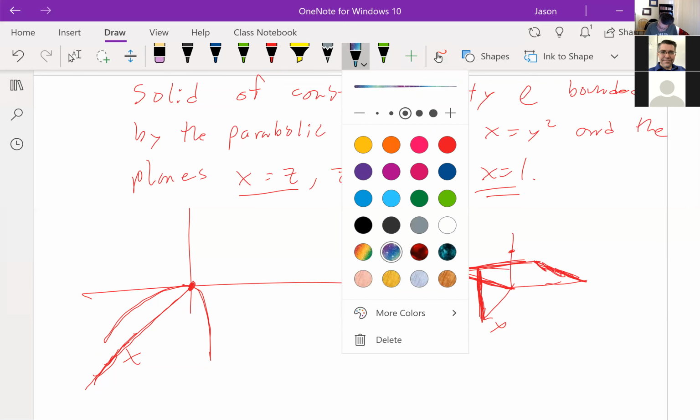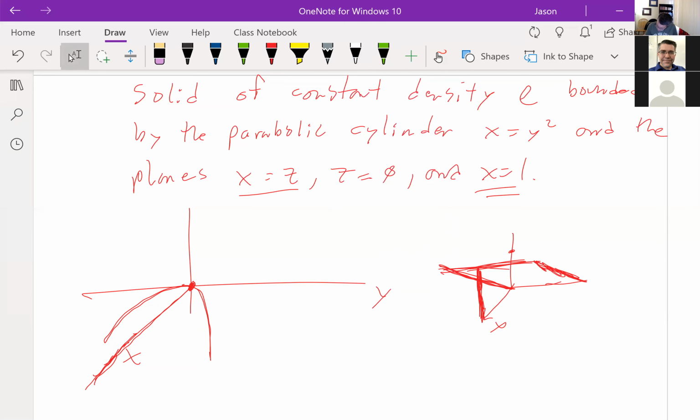Let's make this one white. So we've got this here, and then at 1, when z is 1, x is also 1. But it goes down. It's hard to draw. I apologize for my sketchiness here. It's slanting up toward us.